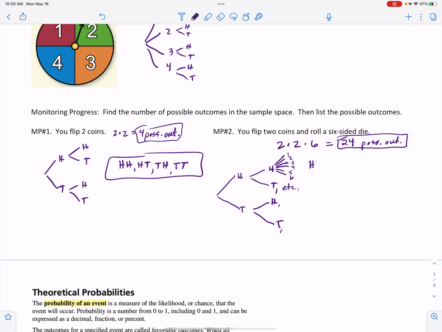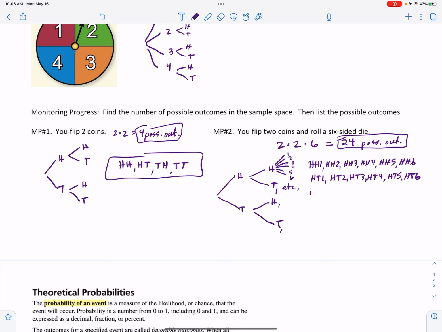You have heads heads 1, heads heads 2, heads heads 3, heads heads 4, heads heads 5, heads heads 6. Then you have heads tails 1, heads tails 2, heads tails 3, heads tails 4, heads tails 5, heads tails 6.